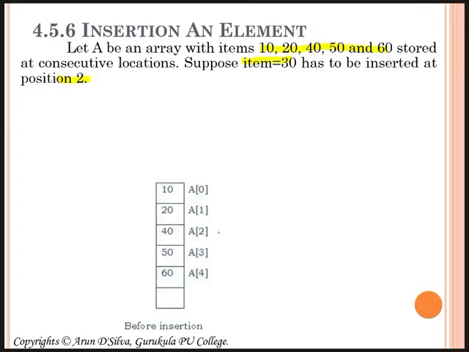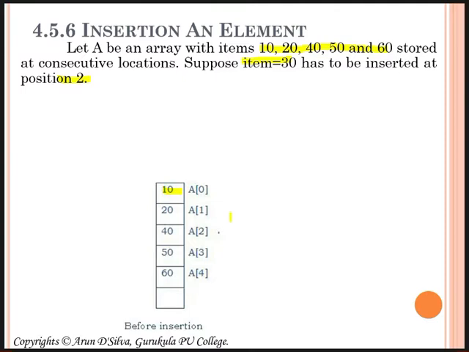Now this picture gives the existing array: at the 0th location 10 is there, at first location 20 is there, second 40, third 50 and fourth 60. First you have to find out whether there is a space to insert a new element. Looking at that array, there is one space, so we can accommodate a new element.